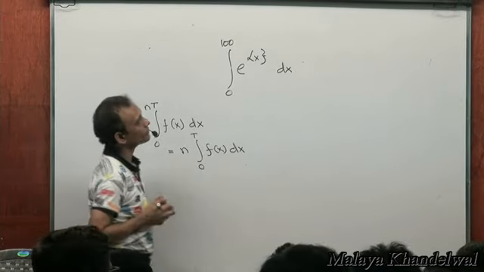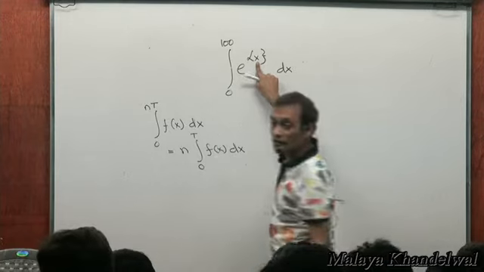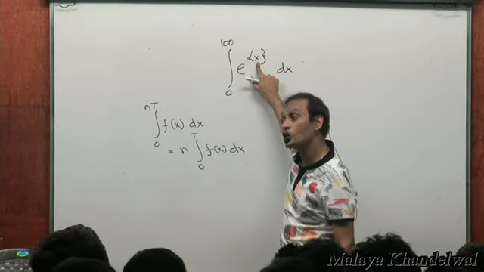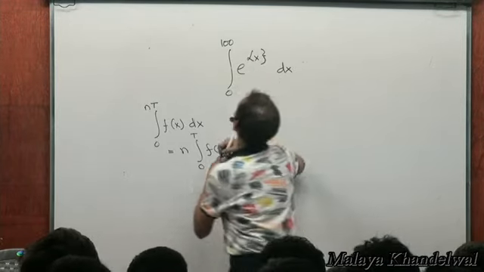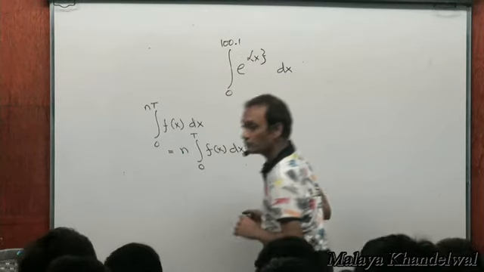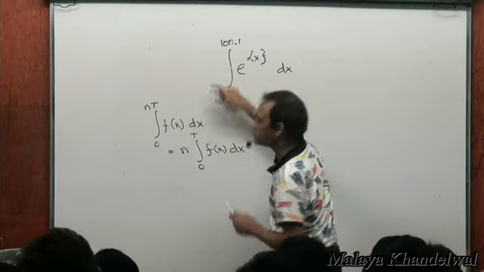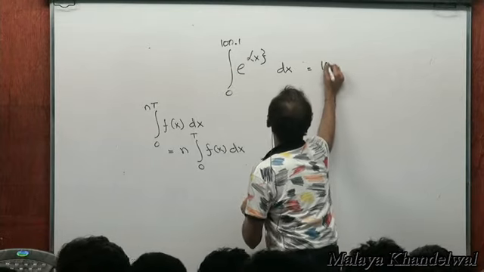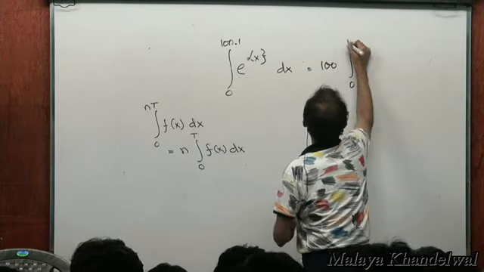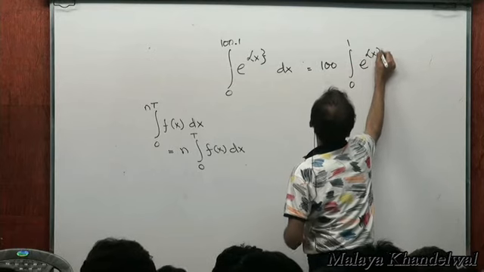Now, is the fractional part periodic? What is its periodicity? 1. So this is 100 into 1, like 0 to n times t. This n is 100 here. So 100 times integral 0 to 1 e to the power fractional part of x dx.